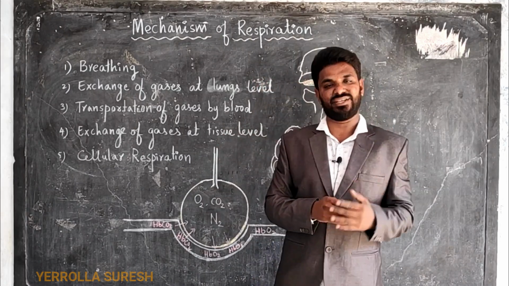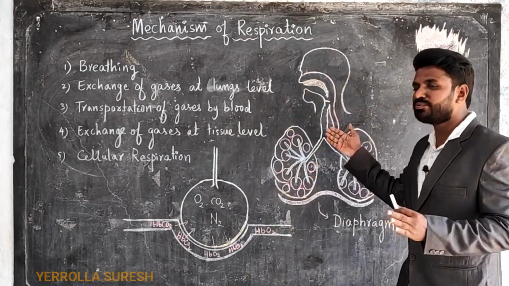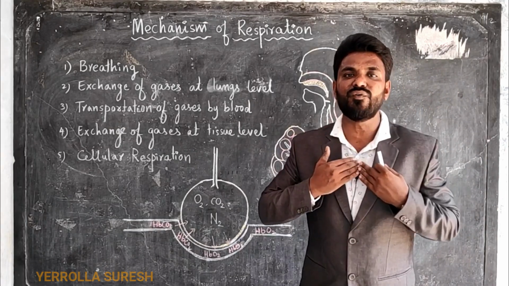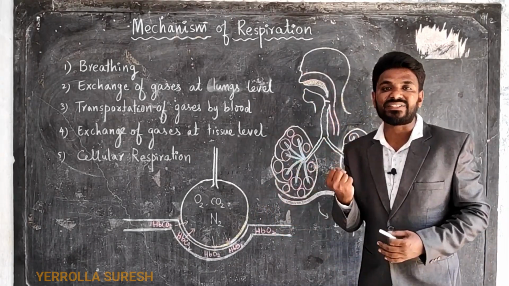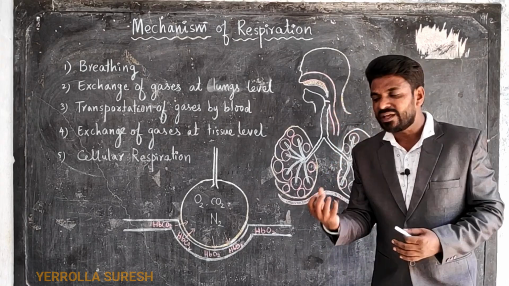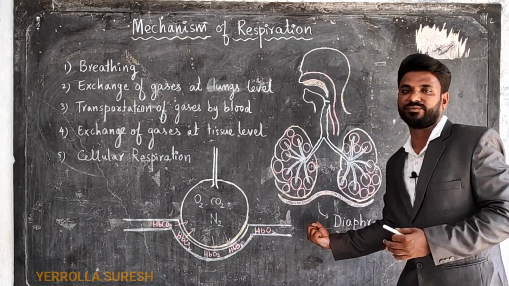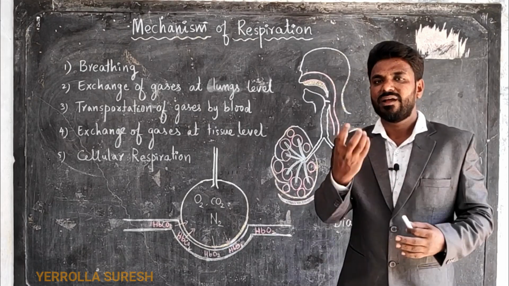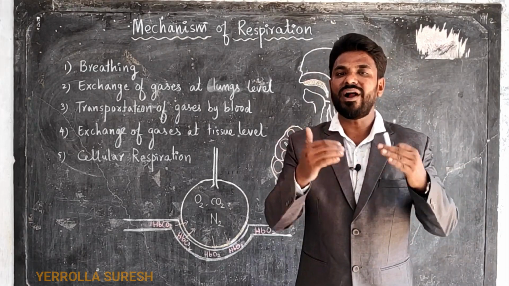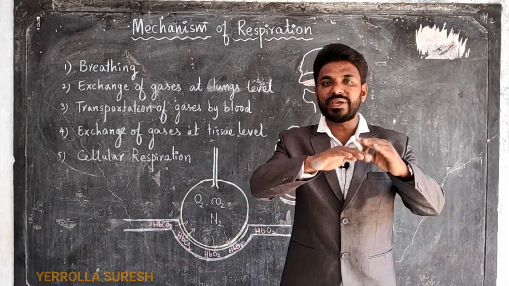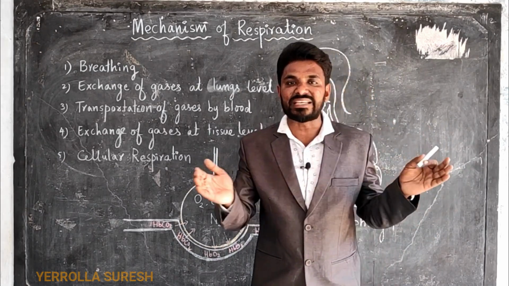in exhalation and inhalation. How? The ribs move slightly forward and the diaphragm gets contracted. That means it undergoes contraction, that is, it is pulled slightly down. So during inhalation, diaphragm is pulled down and ribs move forward. What happens automatically? The space inside the chest cavity increases.